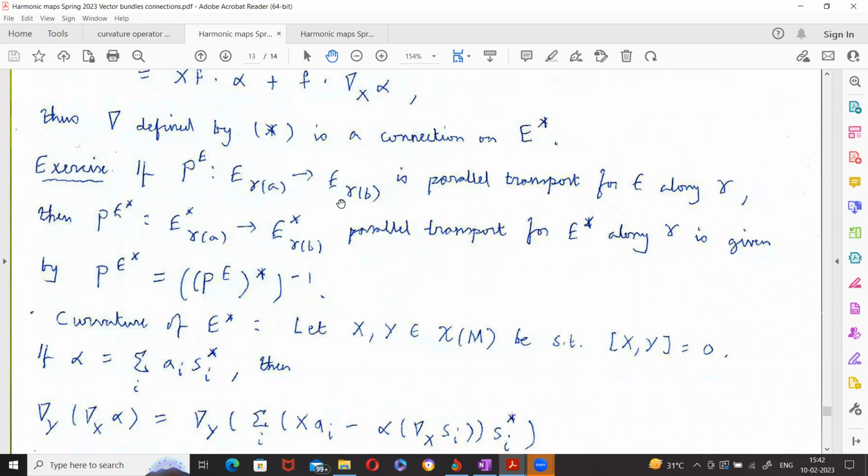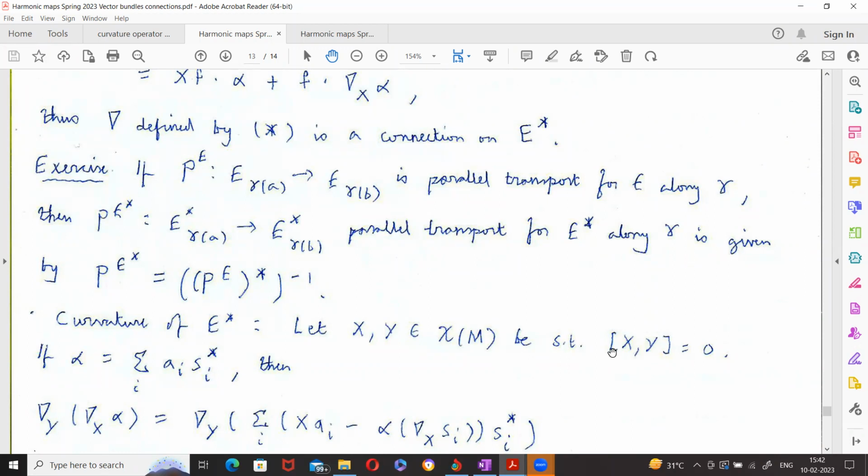Okay. So let's work out the curvature of the dual bundle in terms of the curvature of the bundle E. Let X, Y be vector fields on M which commute. We want to compute curvature R_XY of some alpha.